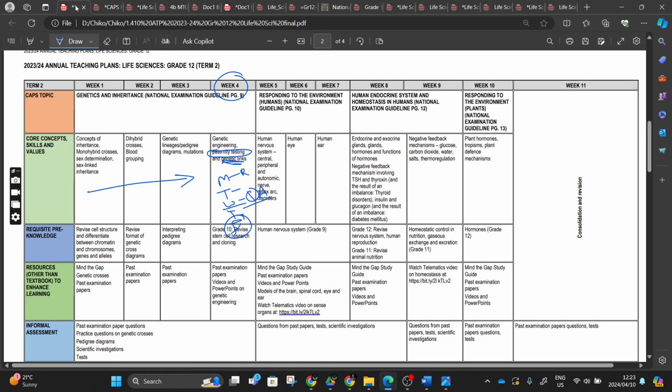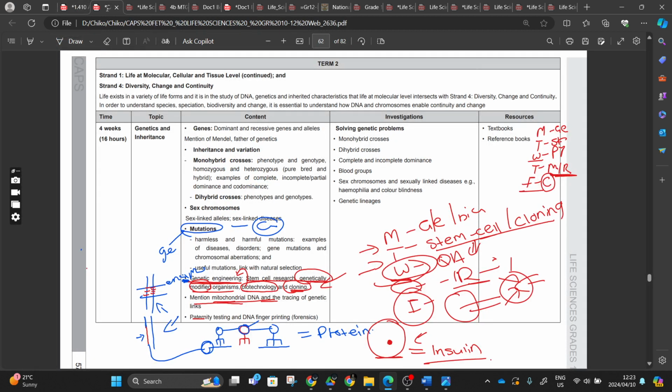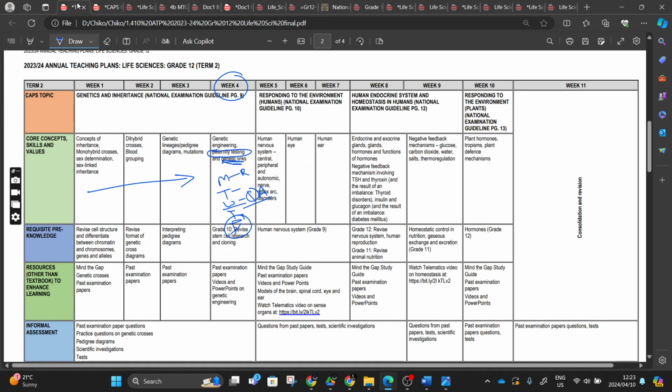Paternity testing. You did paternity testing in test 1, term 1, right? And in term 2 also, it's been included here. It means that even this term 2, we are still going to ask you questions related to paternity testing. DNA, you know that we can use a DNA profile to compare the relatedness between two individuals, right?